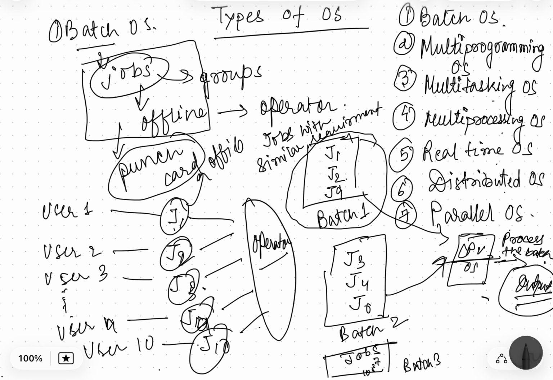So this is known as your batch processing OS. They used to batch the jobs together, then they were processed sequentially, one after another, and afterwards the results were also delivered one after another. So this is your batch operating system.